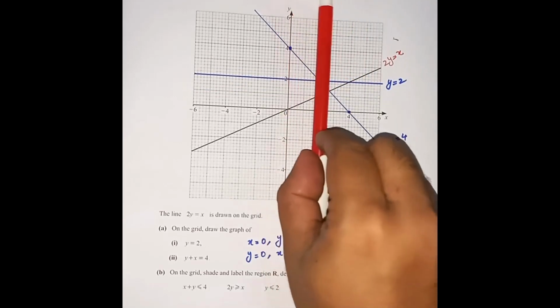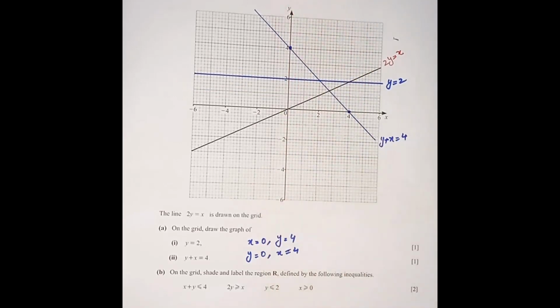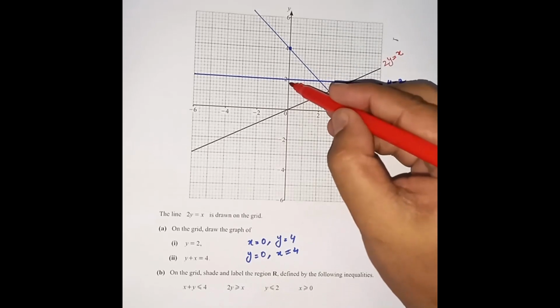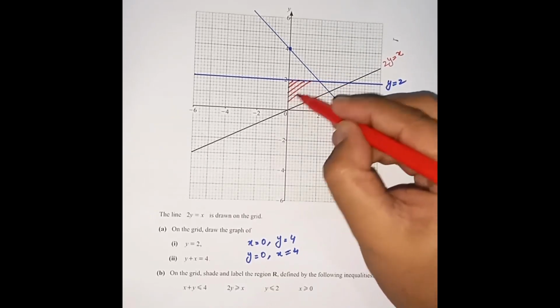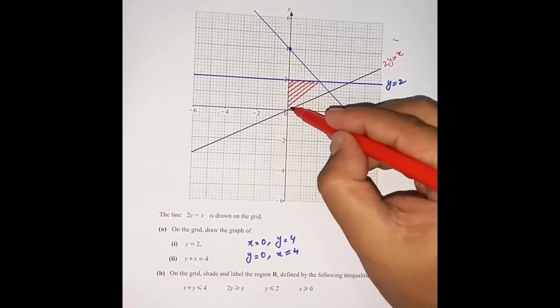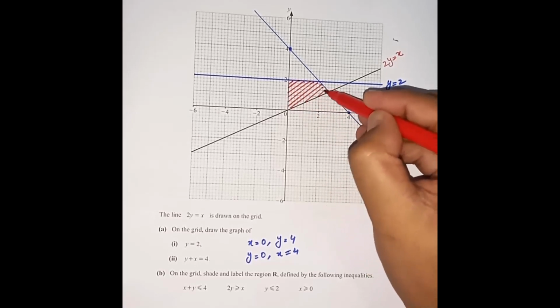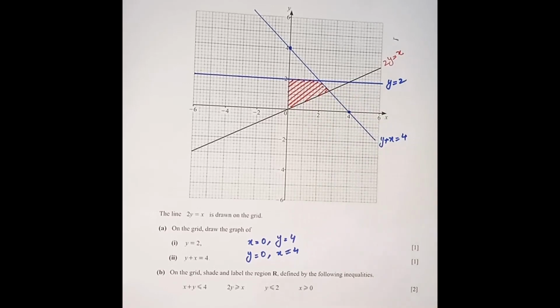So now I will shade the region. It's very easy, it's not difficult. You must do yourself with the lines as per these inequalities. So this region is indicating, so you have to highlight region R.